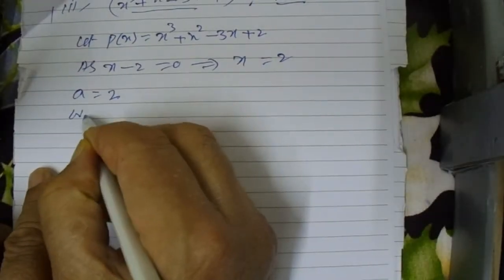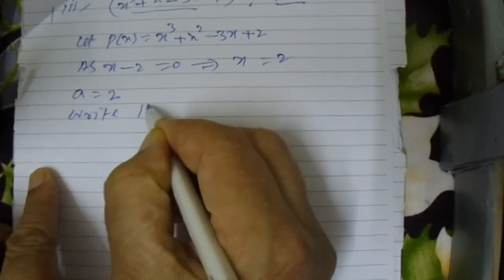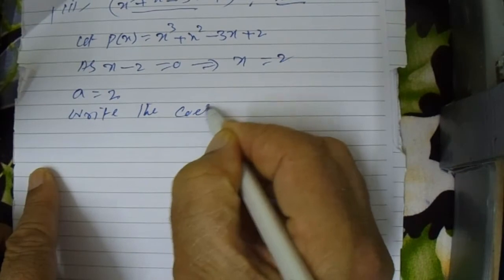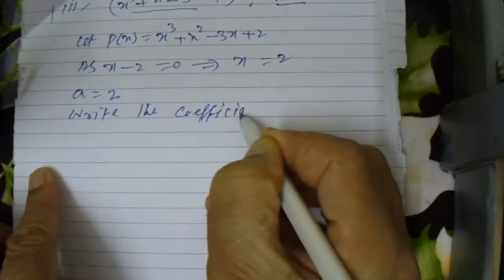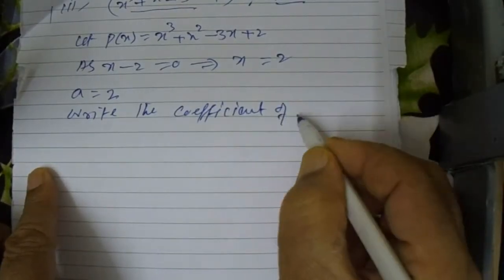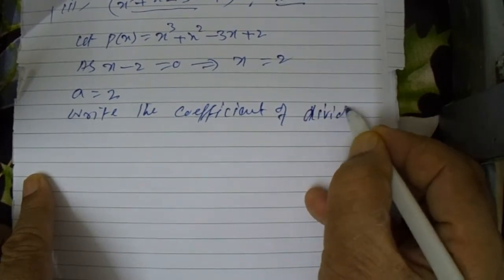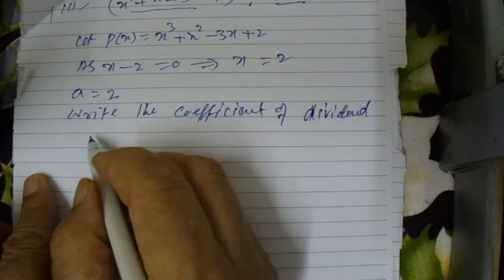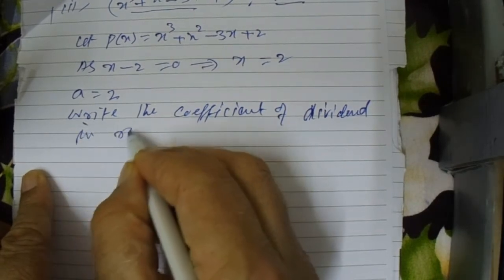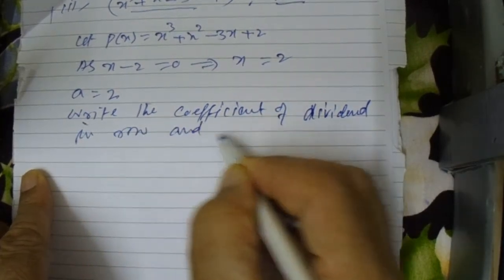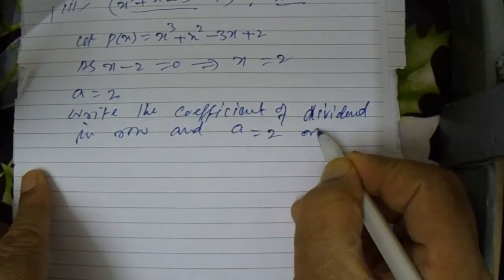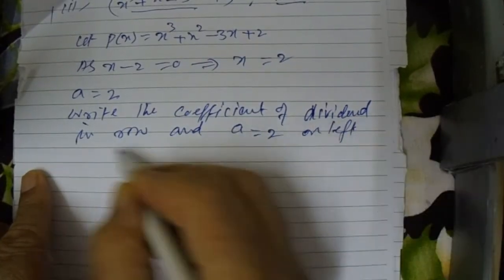Write the coefficient of p(x), the dividend, in a row, and a is equal to 2 on the left side.